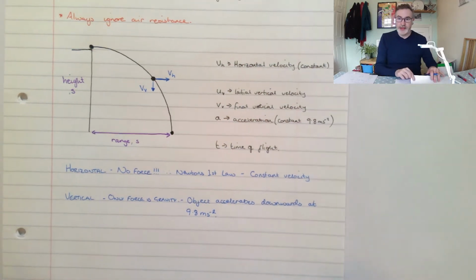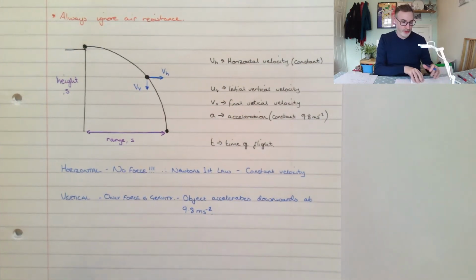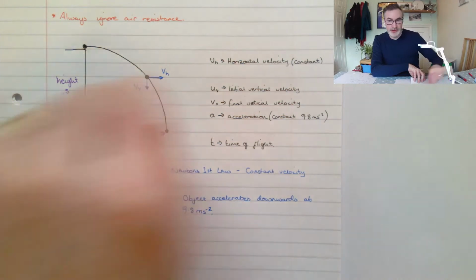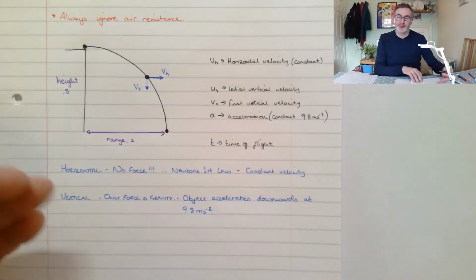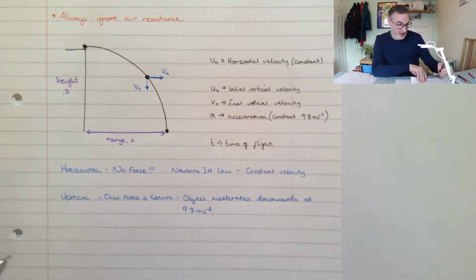So to calculate things with projectile motion, we're going to use a lot of speed time graphs or velocity time graphs. And to do that, we're going to look at the motion of the objects, and we can look at the motion both horizontally and vertically, as we've done before.